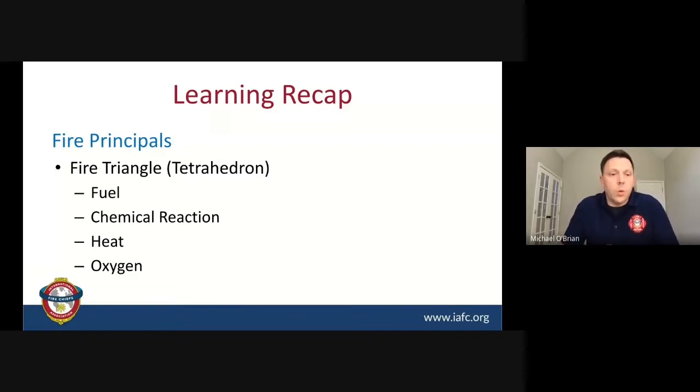Not only what's required in code, but are they putting a system in that's going to help us respond to a fire? And so the first thing we need to remember is that fire tetrahedron, right? We've got fuel, that chemical chain reaction, heat, and oxygen. And the goal truly is that as that process is forming, the fire alarm system activates.